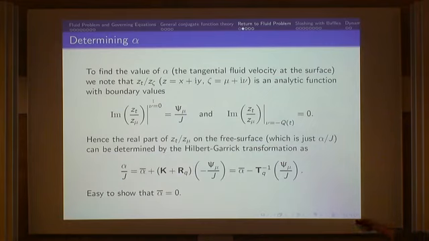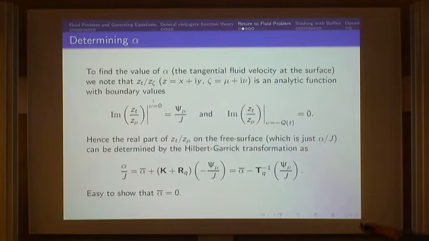If you calculate the boundary values for this, rationalizing the denominator, multiplying top and bottom by its complex conjugate, using those equations we wrote down before, you can show that the imaginary part of this quantity, when you evaluate it on the free surface, is just psi mu over j. It comes from the kinematic boundary condition. And you do the same calculation again, but this time you evaluate it on the bottom, and you get it equals 0.